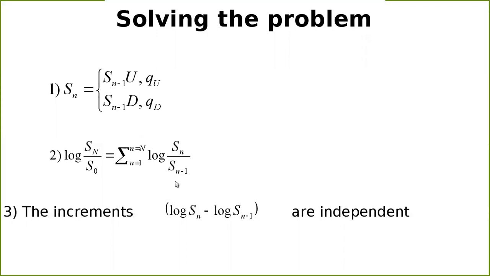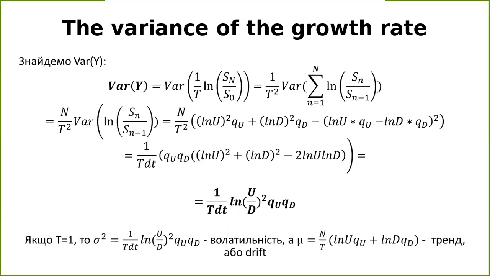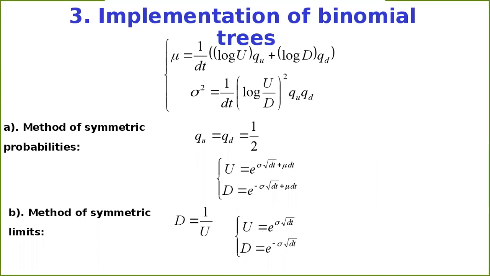And we assumed that these increments are independent. After that, we can find the mathematical expectation of this logarithm's growth rate and the variance. And we have the next system of two equations.